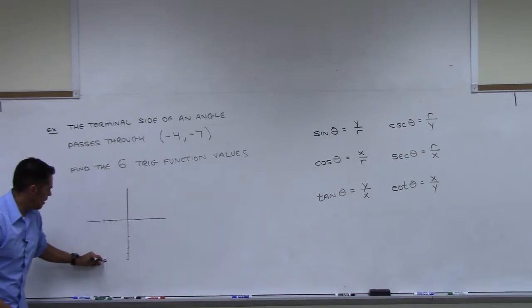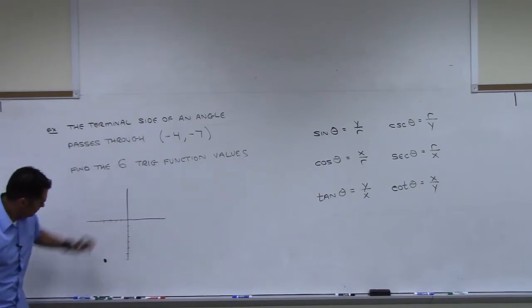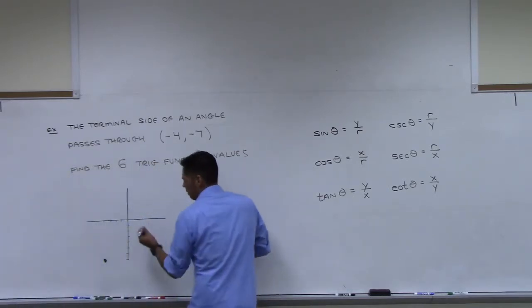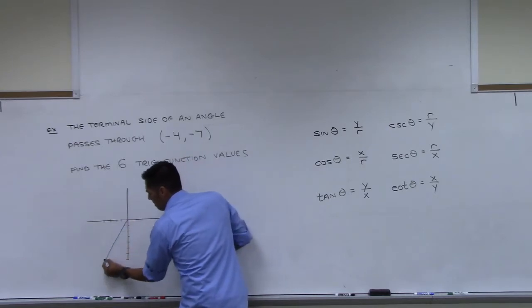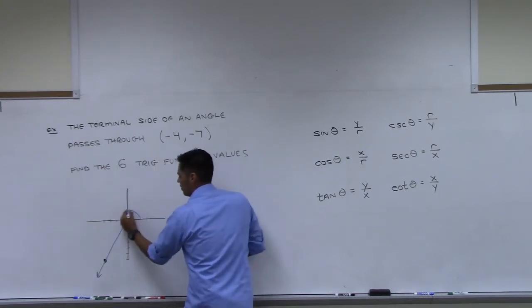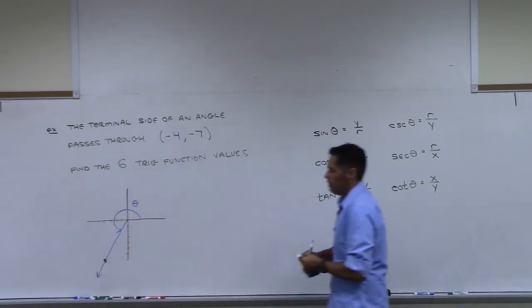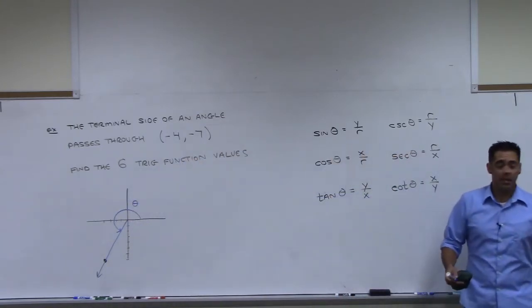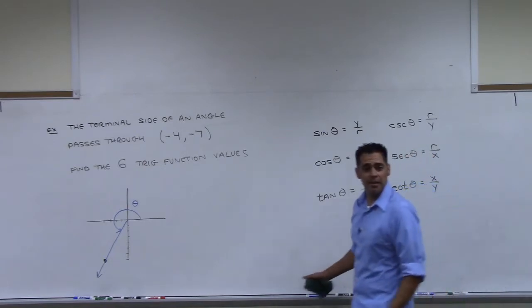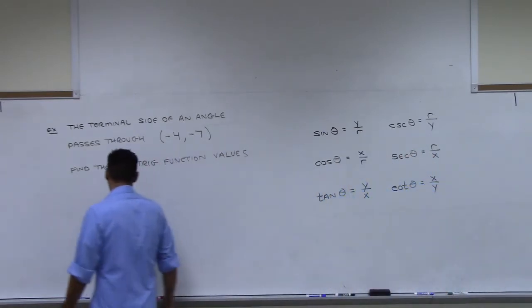It's down here somewhere, right? And so it looks something like this. This angle right there, I'm going to call it theta. That angle is definitely bigger than 90, right? This is not an acute angle anymore.